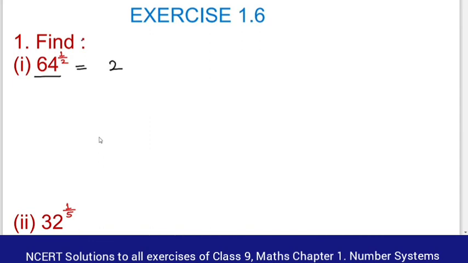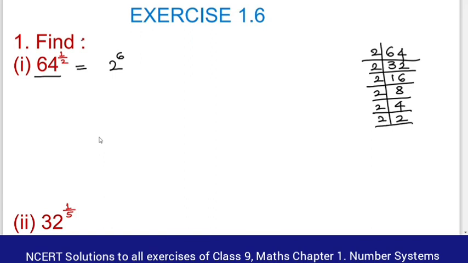If you do not know directly, then you have to find using the prime factorization method. 64, divide it by 2, then it is 32. 2 16s are, 2 8s are, then 2 4s are, 2 2s are, then 2 1s are. Likewise, we get 64 as 2 to the power 6.